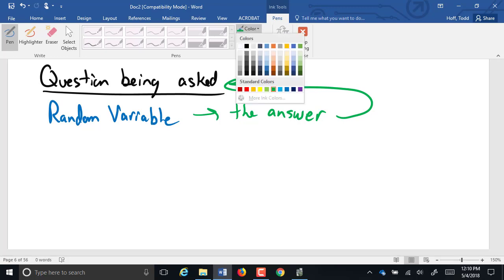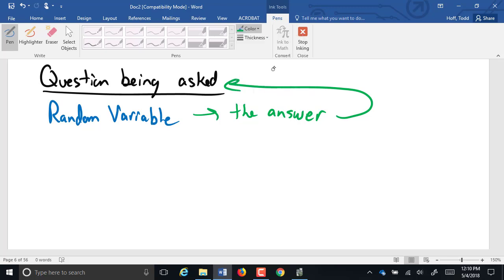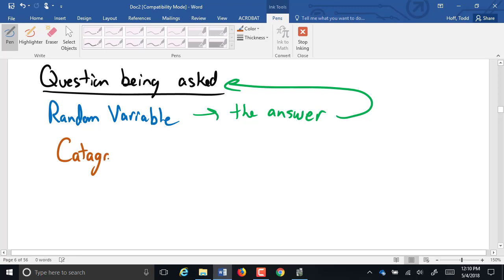So we have a couple of different types of answers, types of random variables we could have. We have categorical, or what's sometimes called qualitative.